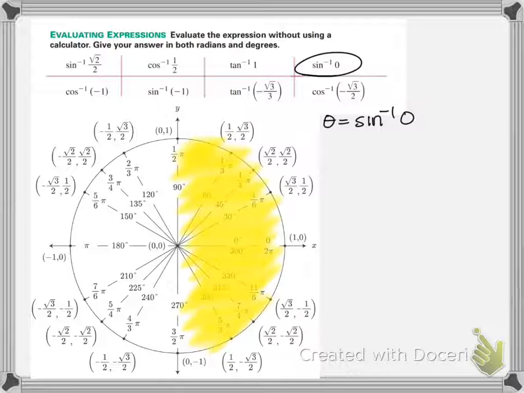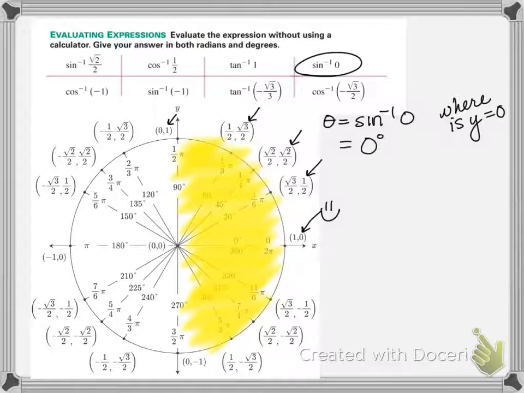Well, sine means where is the y equals to 0. So if you look at all where I shaded, that's not a 0, that's not a 0, that's not a 0. Yay, there's my 0. Okay, so what angle is that? It is angle 0 degrees or 0 radians.